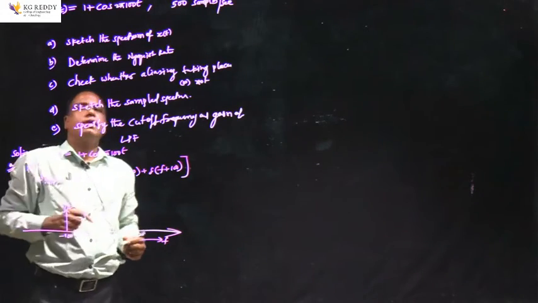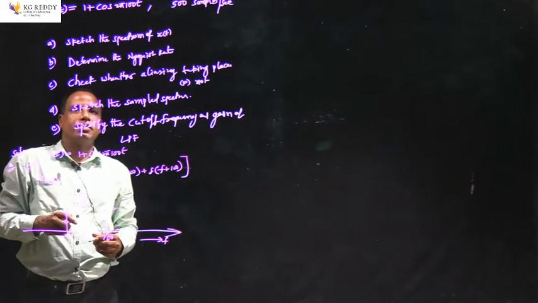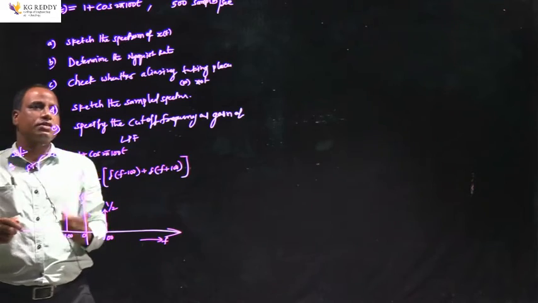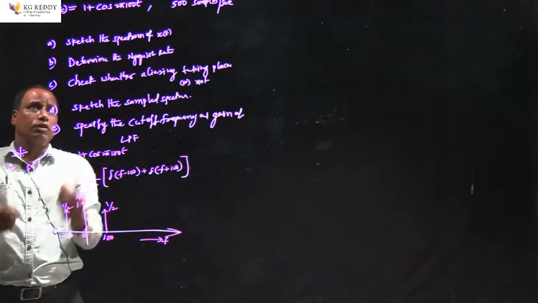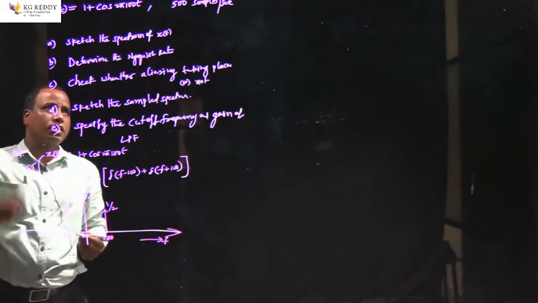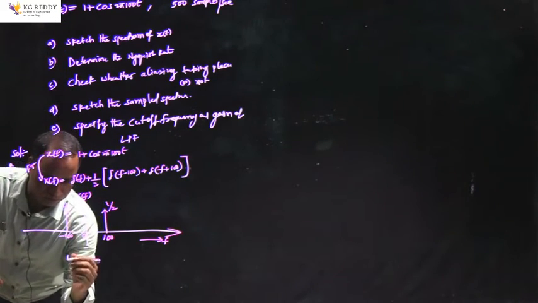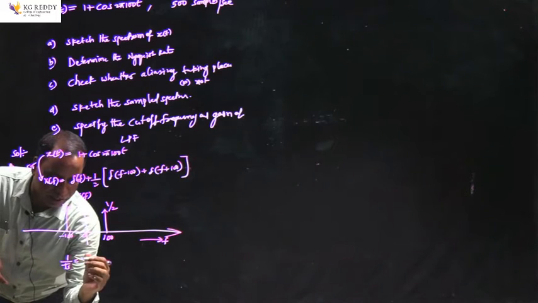And the solution for B, determine the Nyquist rate. What is the Nyquist rate? The minimum sampling rate is the Nyquist rate, as per our discussion. For this particular signal, the sampling rate 1 by Ts is given as 500 samples per second.